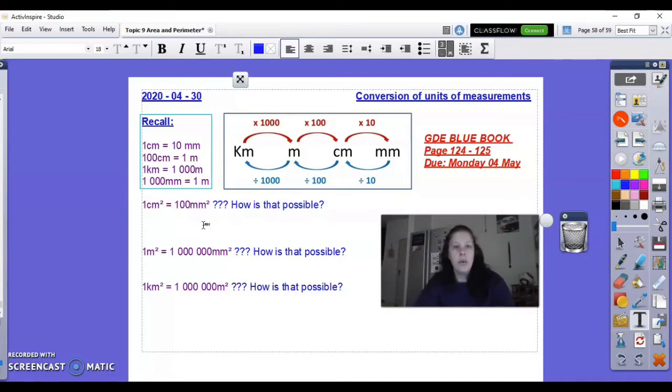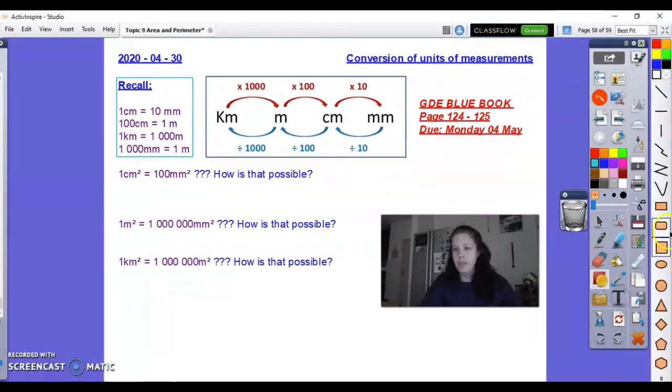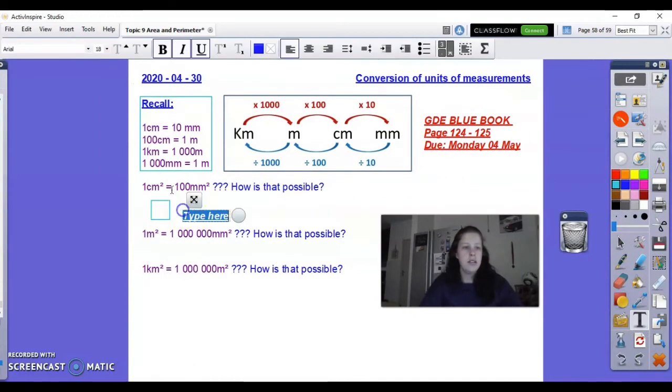I know that 1 centimeter squared is 100 millimeters squared. So think of a square. Let's put a little square in here, and that measures 1 centimeter squared in area.